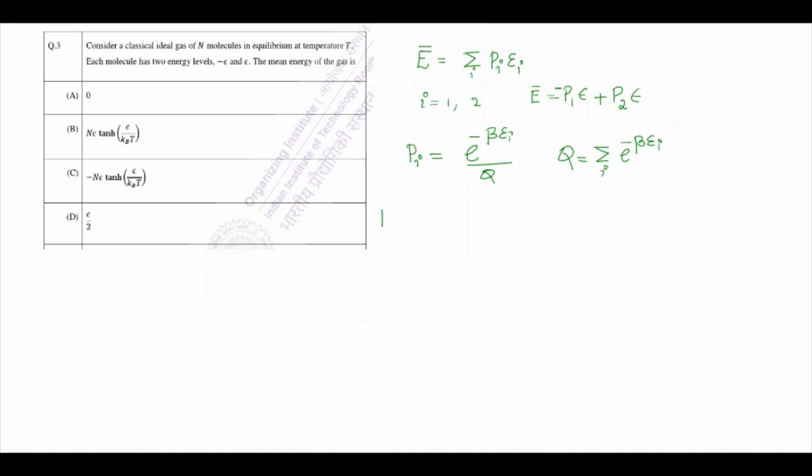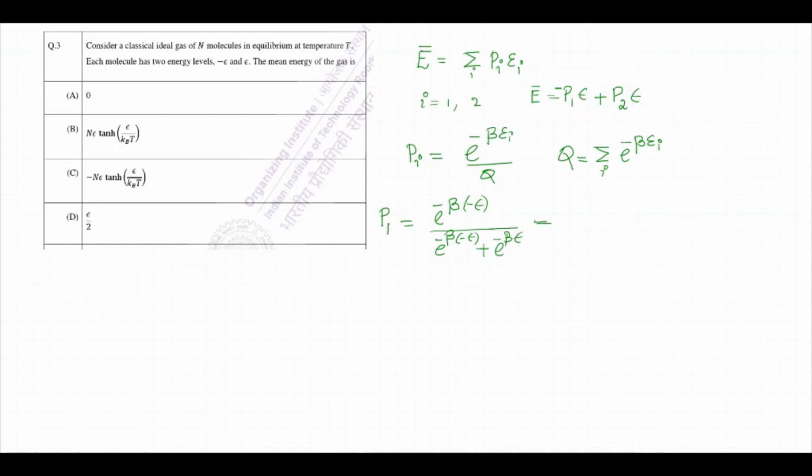Therefore, I can find P1 as e raised to minus beta into minus epsilon divided by e raised to minus beta into minus epsilon plus e raised to minus beta into epsilon, summed over all the energy states.